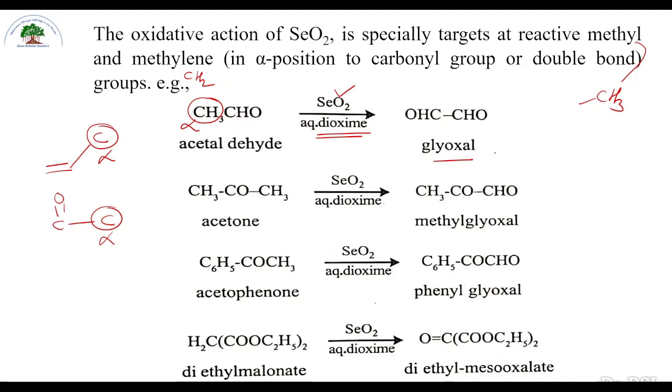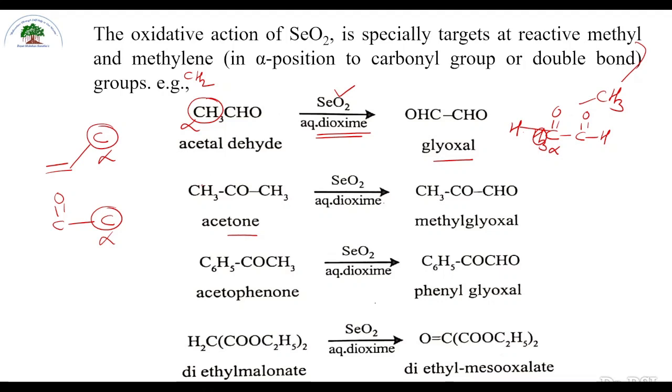The structure of acetaldehyde is CH3 C double bond O H. As this is the alpha position, it is converted into C double bond O, and the H remains as H. Next example, acetone is converted into methyl glyoxal.